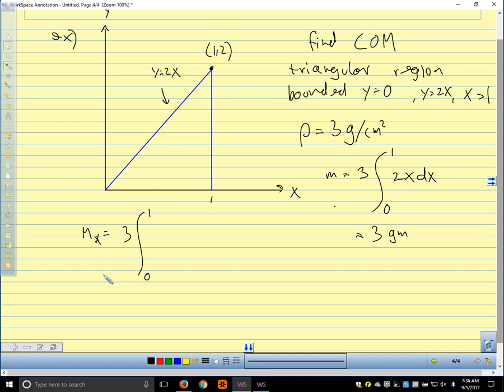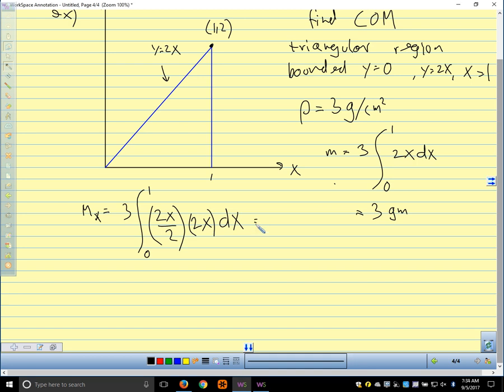The y bar is at the middle of the rectangle. f of x plus g of x, so 2x plus 0, over 2, times f of x minus g of x, times 2x dx. Easy integral to evaluate. And this comes out to be 2 gram centimeters. We have a mass times a distance, so my units are gram centimeters.